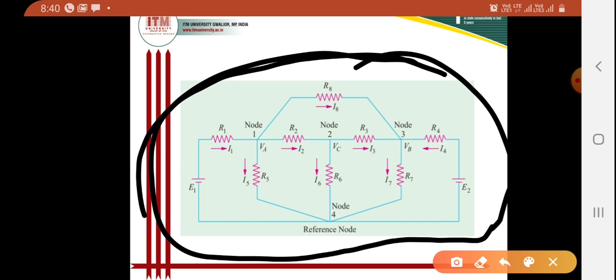I am showing you the circuit, this figure. So we can consider this circuit, as per the procedure given above.